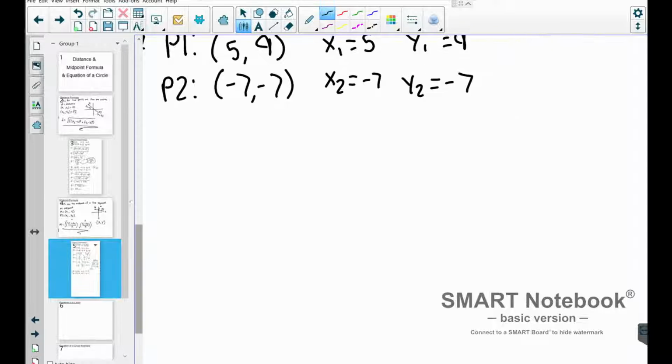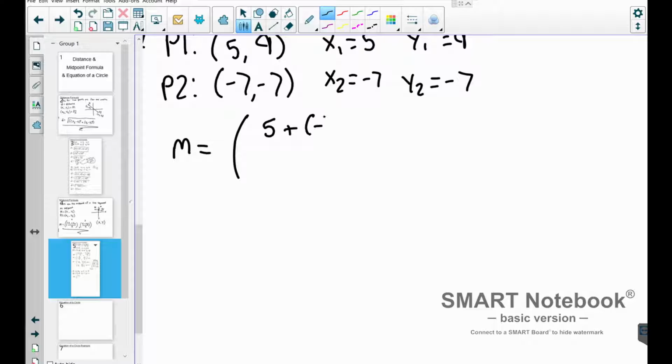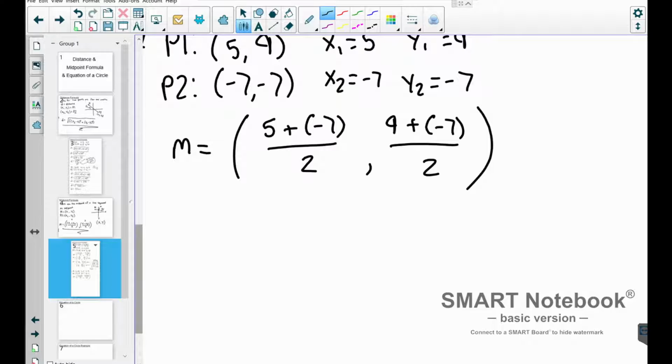Let's plug it in our formula. M is going to be equal to 5 plus -7 divided by 2 as our first coordinate, and 9 plus -7 divided by 2 as our second coordinate.